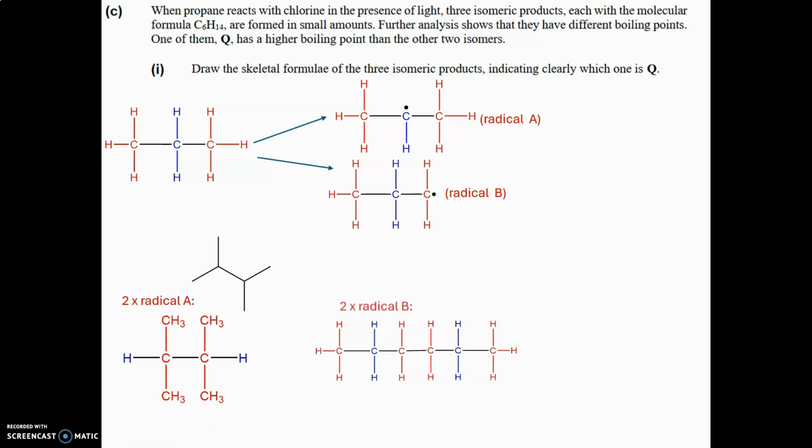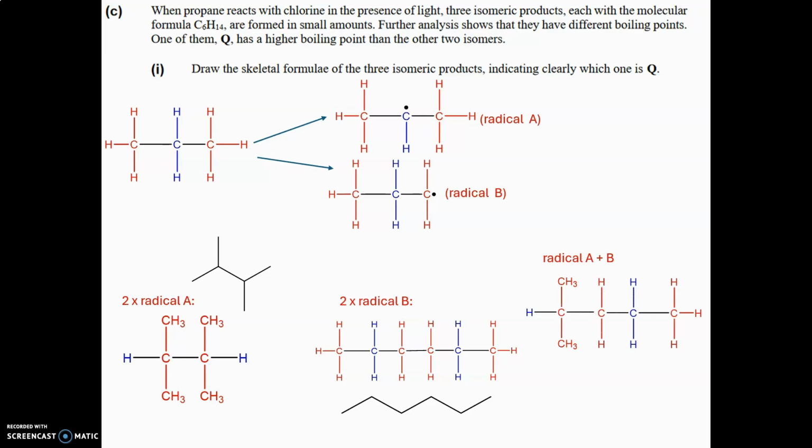If 2 radical B's collide, you will end up with a straight chain isomer, and that is the skeletal formula. If radical A collides with radical B, this is the structure, and this is the skeletal structure.